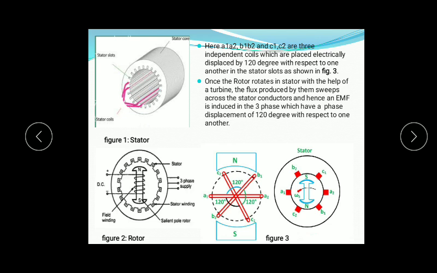Right. So the stator is stationary, the rotor is rotatory. Here the stator is acting like your coil and your rotor is acting like a magnet.